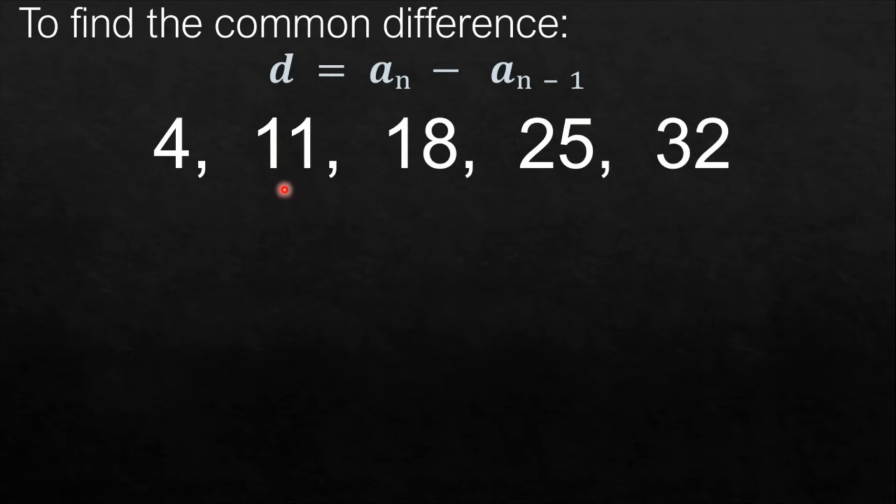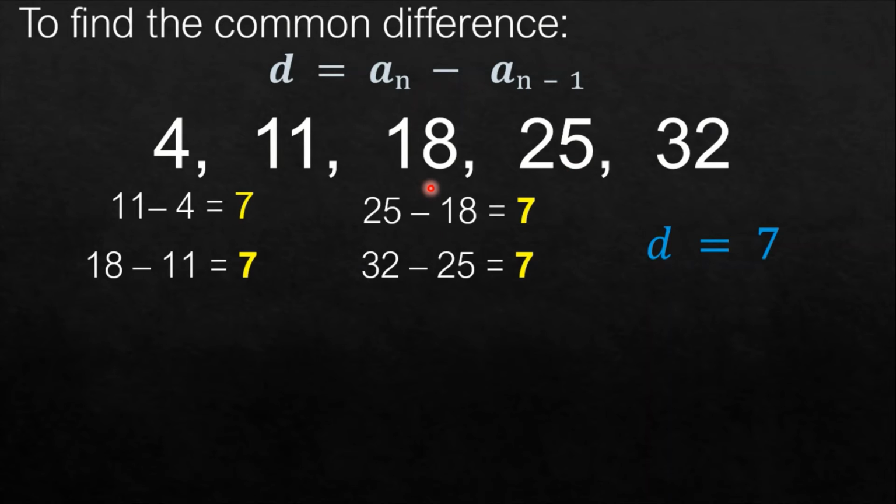What we're going to do is subtract two consecutive terms. So, we subtract one term by its preceding term. In this case, second term minus first term, third term minus second term, fourth term minus third term, and so on.